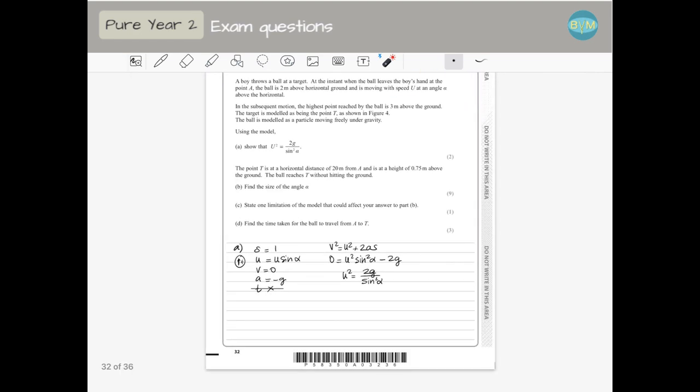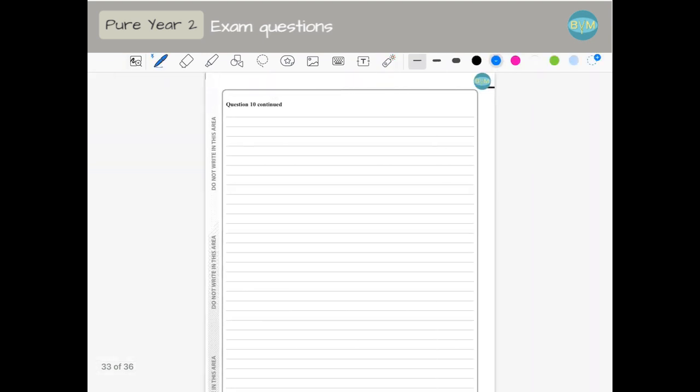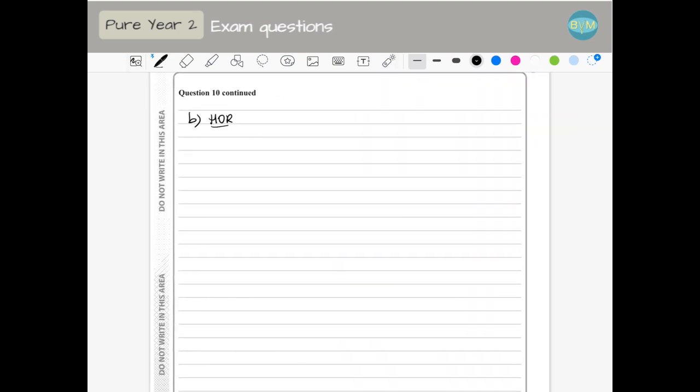So for B, if I consider the horizontal motion, I have just horizontal constant velocity motion. So velocity is distance divided by time. My horizontal velocity, u cos alpha, is going to be the horizontal distance that we know, 20, divided by the time that we don't know. But then we have a connection between u cos of the angle and time.